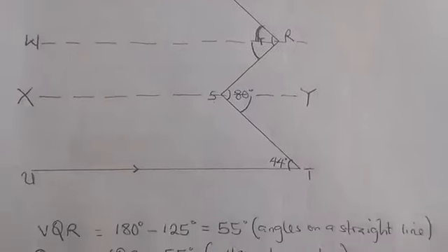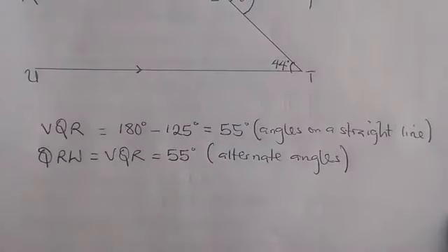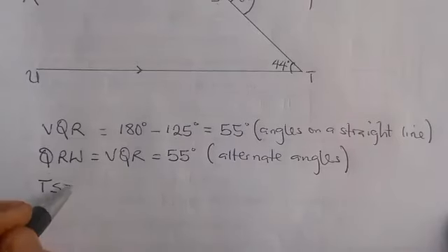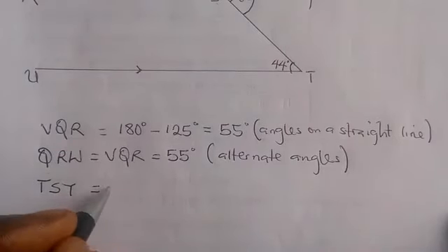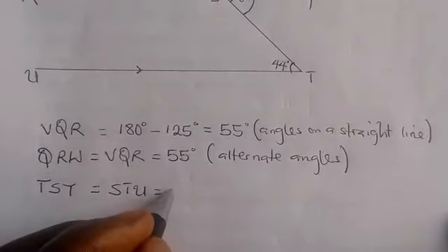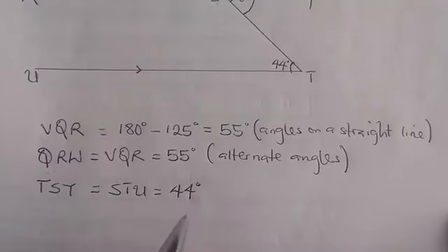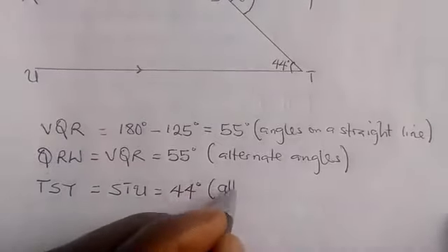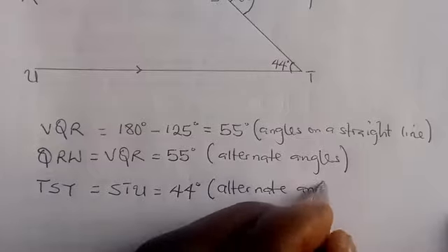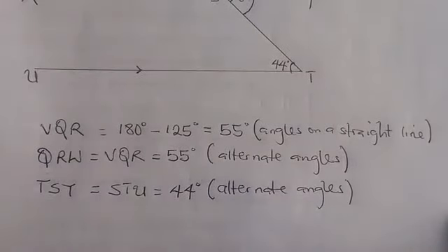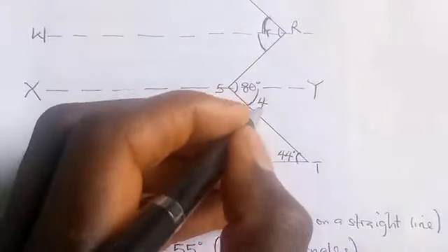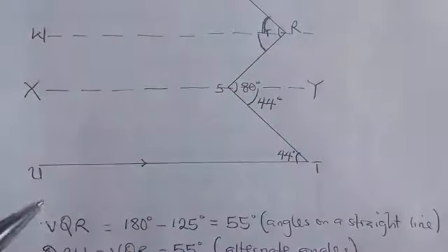So we have over there angle TSY is equal to STU, and that is equal to 44 degrees. That is alternate angles. So this angle has been found to be 44 degrees.